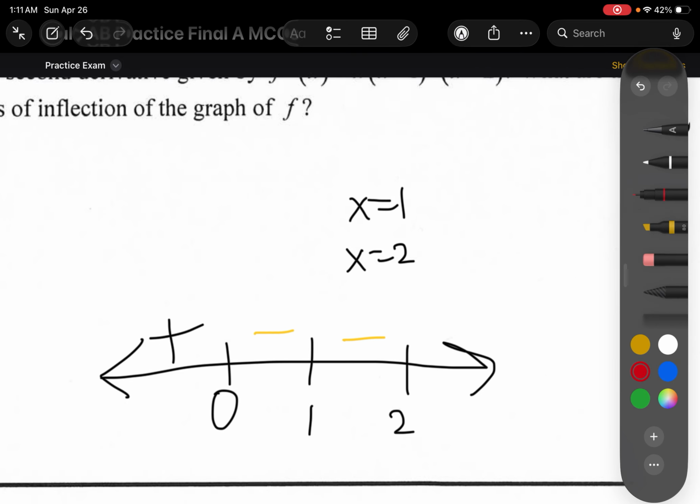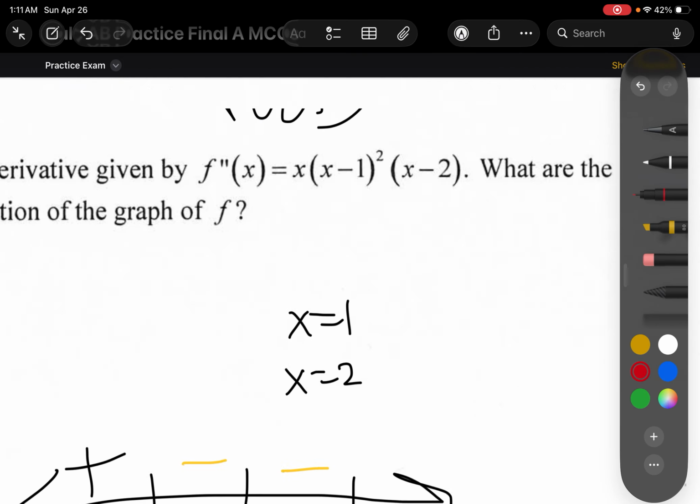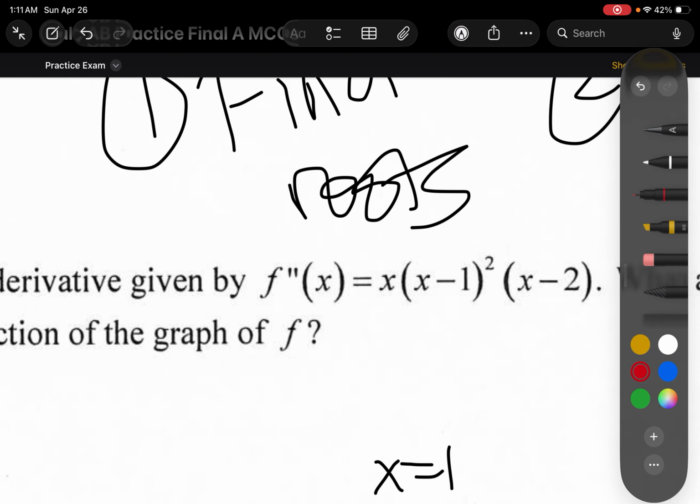Then from 2 to any value after that, let's just use 3. So 3 is going to be positive. 3 minus 1 is going to be 2, and 2 squared is going to be 4, so it's still going to be positive. And then 3 minus 2 is going to be 1, so it's going to be positive. Multiplying 3 positives is obviously going to give you a positive.